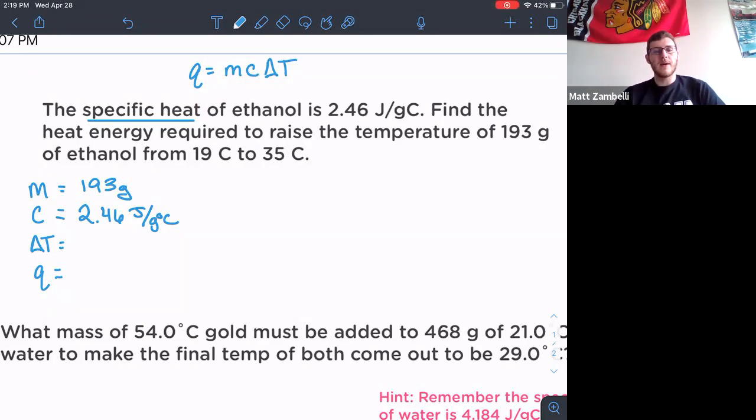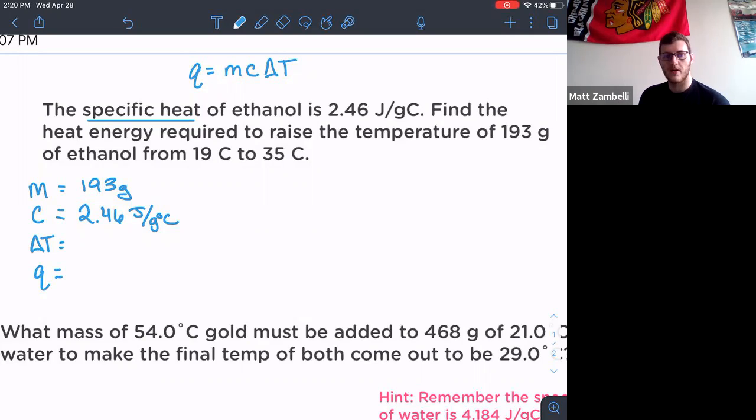All right. And then it says we're raising it from 19 degrees Celsius to 35 degrees Celsius. Is that going to be our delta T or is that going to be our Q? Is that our temperature change or is that our heat energy? What do we think?